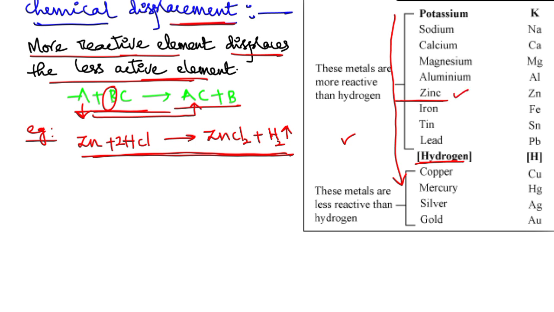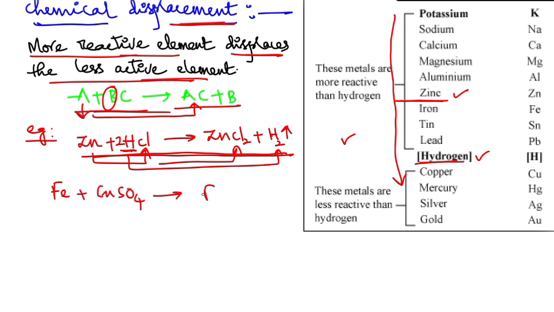So zinc is above the hydrogen in this activity series. This zinc displaces hydrogen and becomes zinc chloride, and hydrogen is displaced from HCl. Let's have one more. Iron plus copper sulfate gives iron sulfate plus copper.